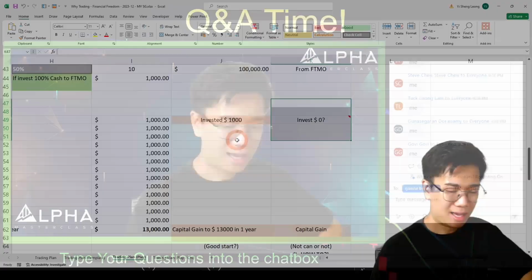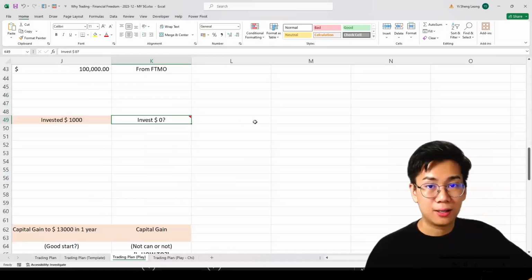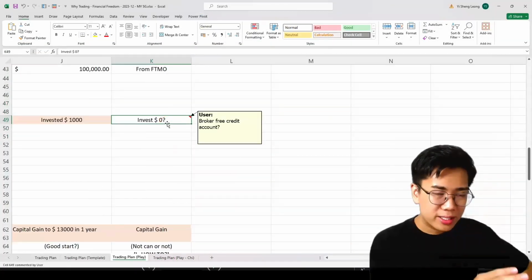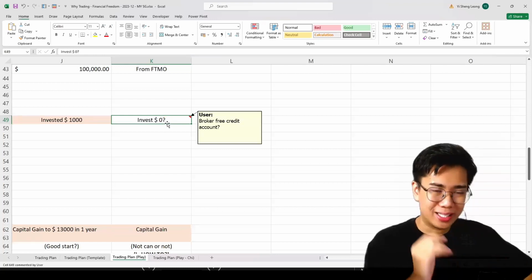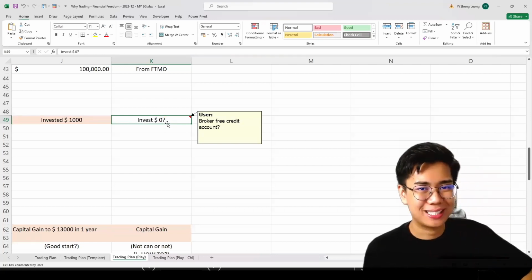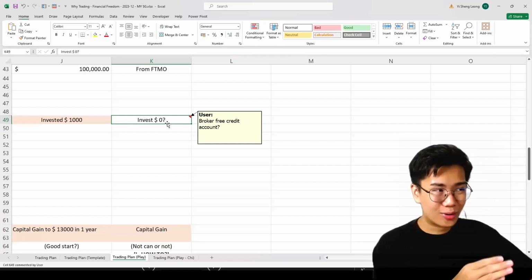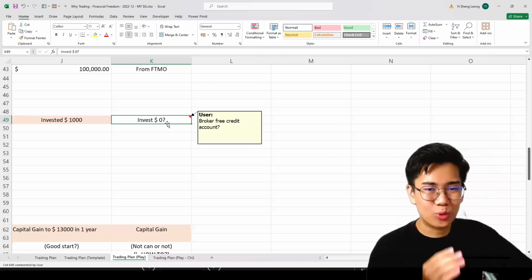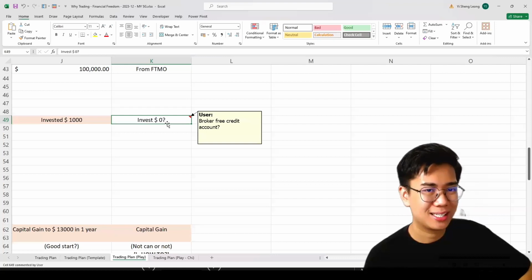Now, how many of you have heard of this thing called a broker free credit account? Type haha in the chat box. Broker free credit account means the broker gives you free money to trade.